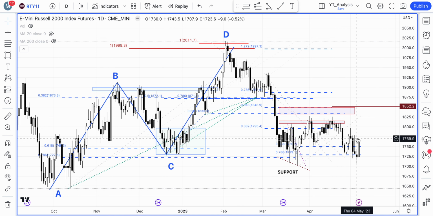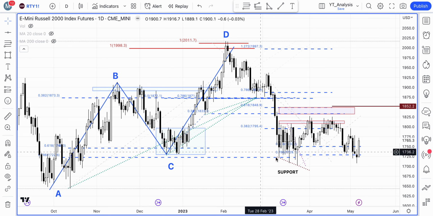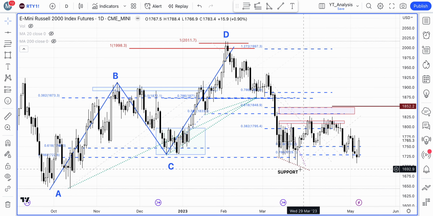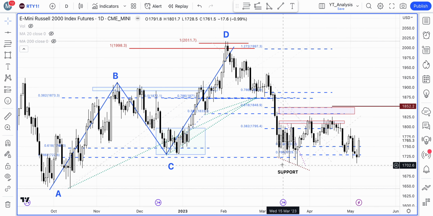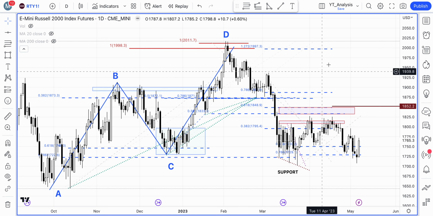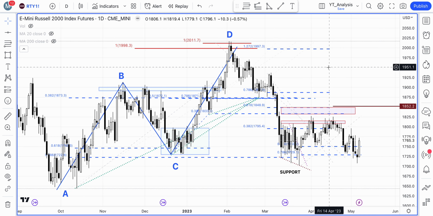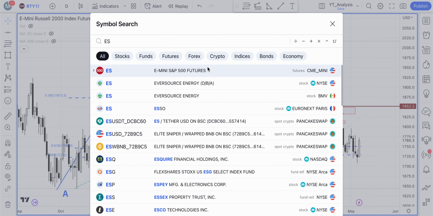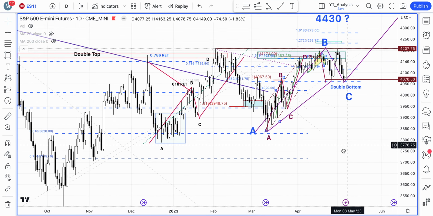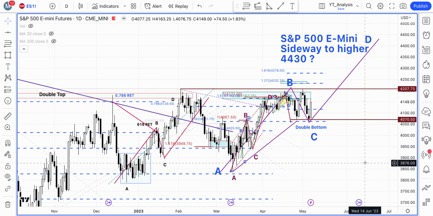But last Friday, look at this, really nice kind of formation. So it also seems to be finding some sort of support right at these levels from March, going back to around, yeah, the March levels. So guys, this is what we are watching basically for the major stock indices.